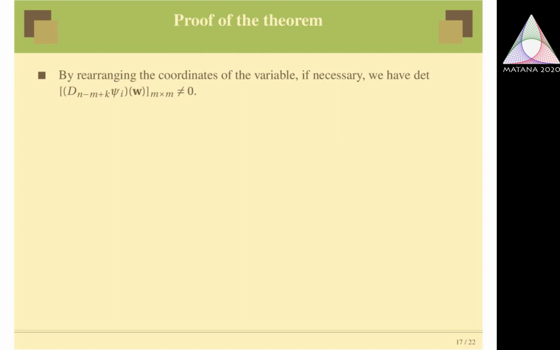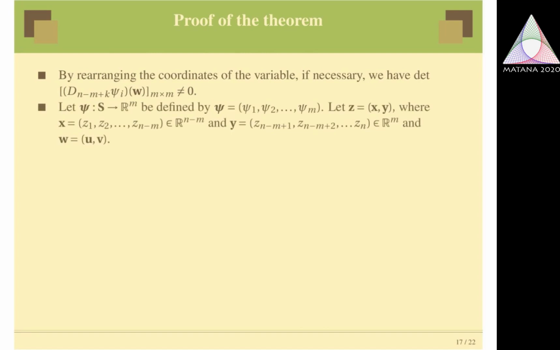Next we introduce some notations which are suitable to apply the implicit function theorem. We define a map psi from an open subset S of R^n into R^m by psi equal to (psi_1, psi_2, psi_3, ..., psi_m).